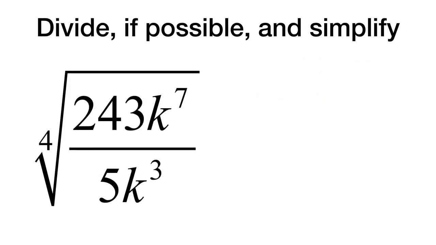Ooh, this one's fun. So what we're going to start off with is, I'm just going to deal with the k's. There were 3 k's on the bottom, which means this becomes, instead of 7, 4. All right, so now let's deal with some of our numbers. The first number I want to deal with is 243. 243 is, well, let's see, I think 3 is a multiple because 24 and 3 are.